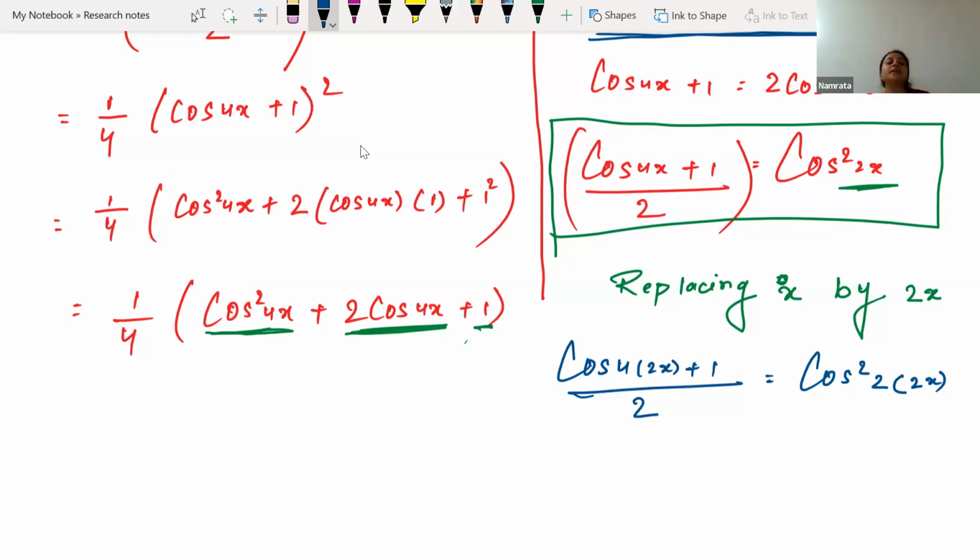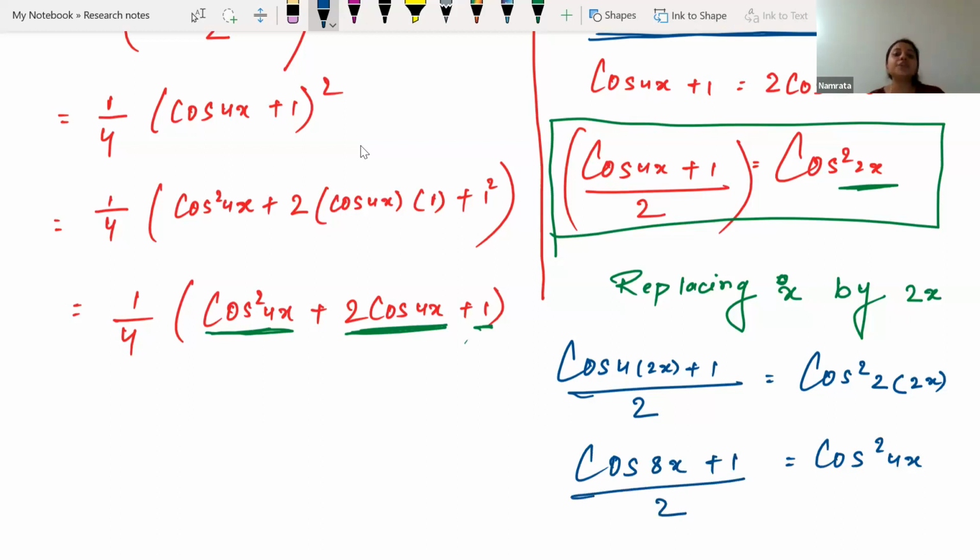So that we will end up getting the cos square 4x formula. We can still start from the very beginning and make the formula, but why go that far? We still have the formula in hand. Just by replacing x by 2x, we will get whatever is required, right? So cos square 4x will be cos 8x plus 1 by 2.